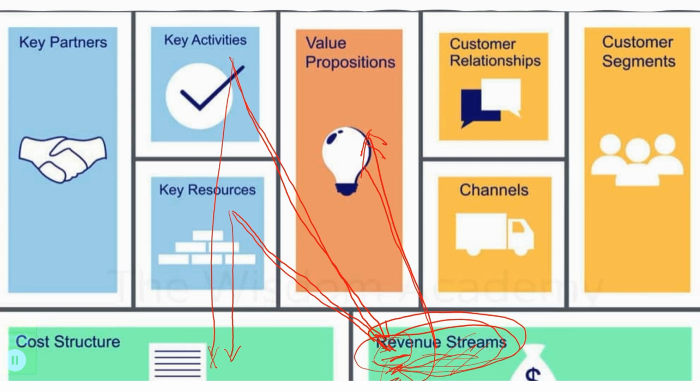So labor resource involves costs and cement material resource involves costs. So what are the key resources that are required, and associated costs will be given in the cost structure. So cost will be calculated based on the key activities and key resources.